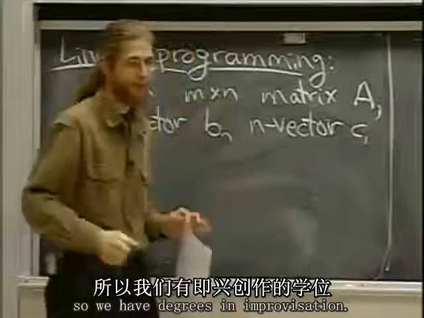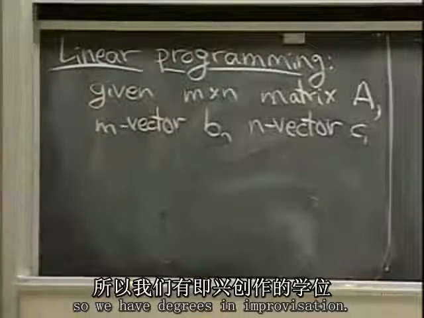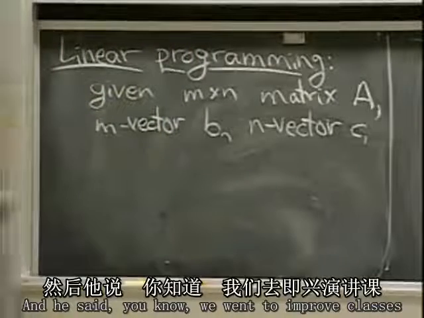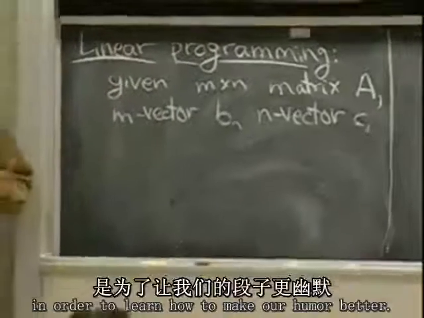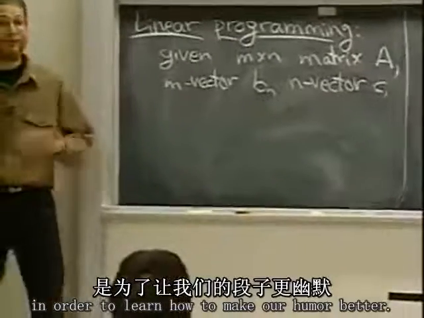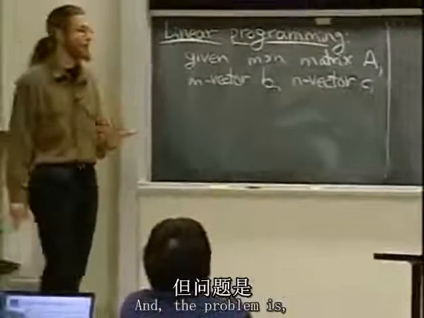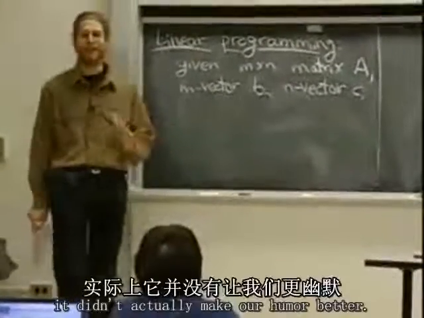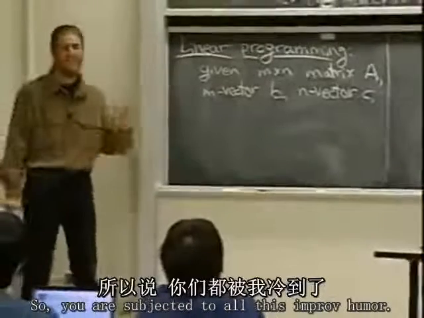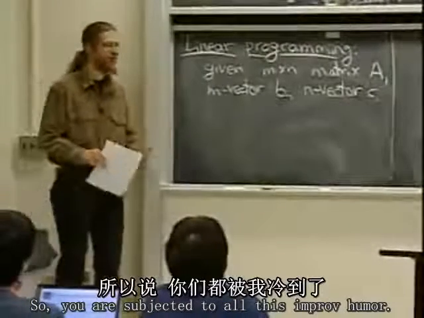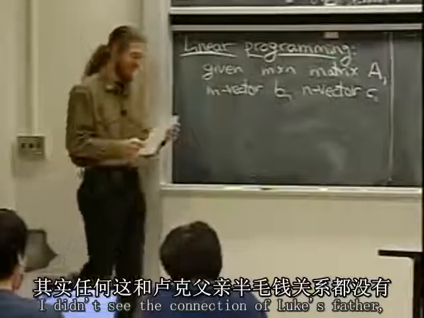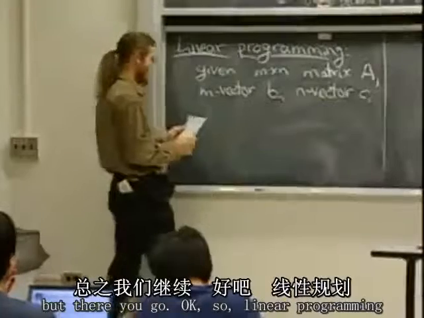So we have degrees in improvisation. And he said that we went to improv classes in order to make our humor better. And the problem is it didn't actually make our humor better, it just made us less afraid to use it. So you're subjected to all this improv humor. I didn't see the connection to Luke's father, but there you go.